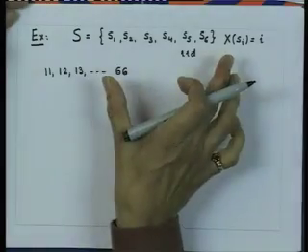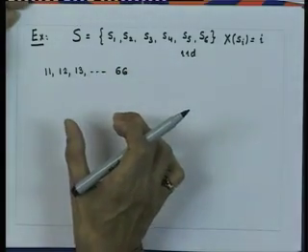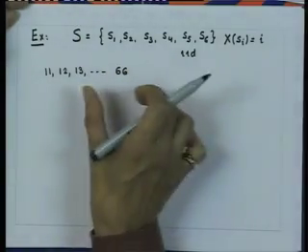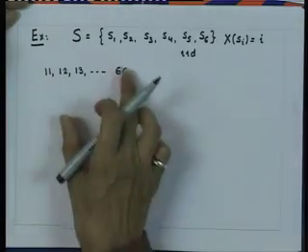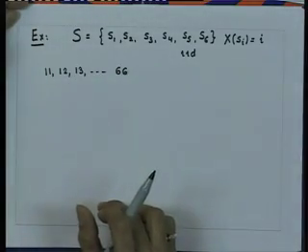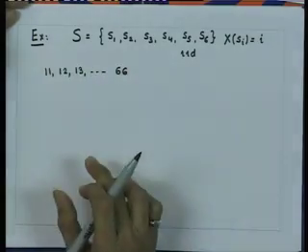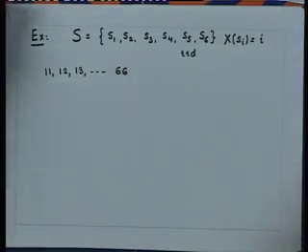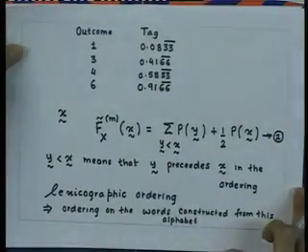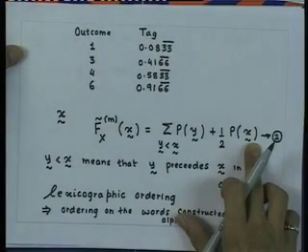So, if I observe both these sources together and look at the concatenation of the outcomes, I will get this as my outcomes. Now, the tags for these outcomes can be generated using equation number 2.